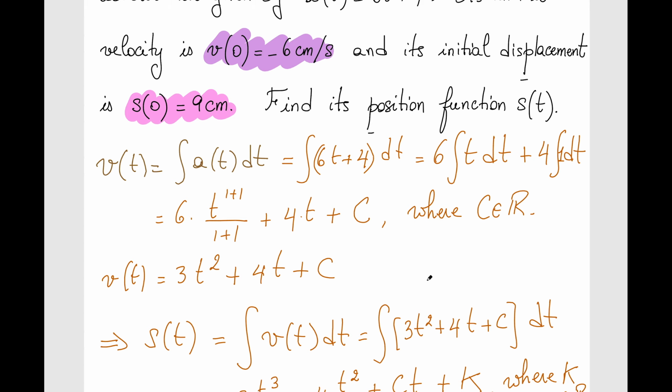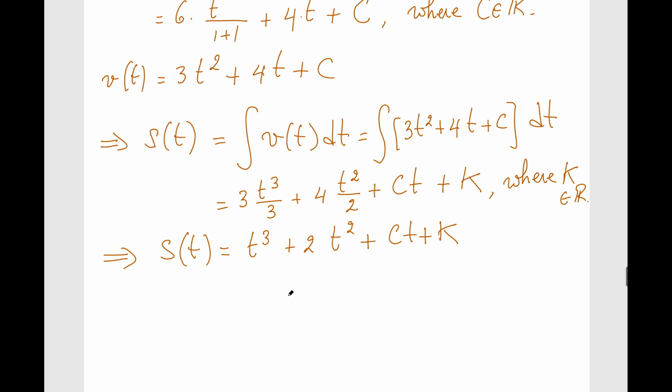Let's do that. Let's start with v to figure out what c is. So we know that v(0), they told us that v(0) is how much? They told us that this is equal to -6 centimeters per second. This is what they want.